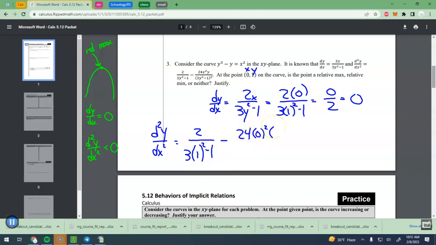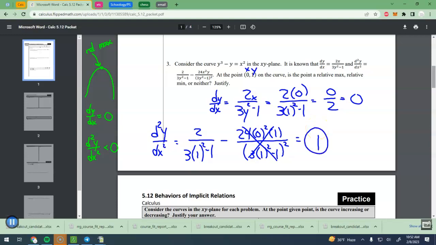Squared times 1 over 3 times 1 squared minus 1 squared. Somebody say something if I put something wrong. No, over here, right? So this is 2 over 2 minus 0, so it's 1.